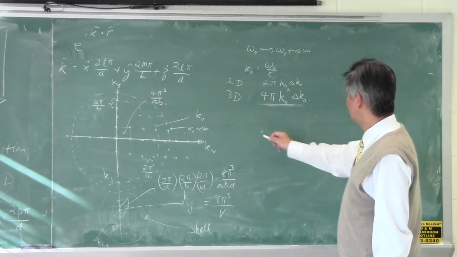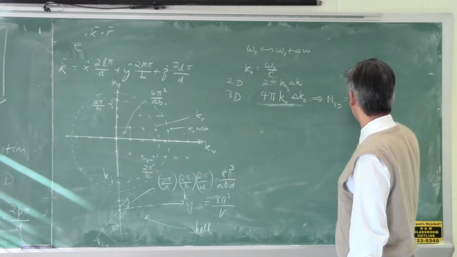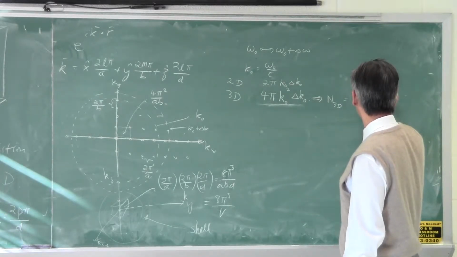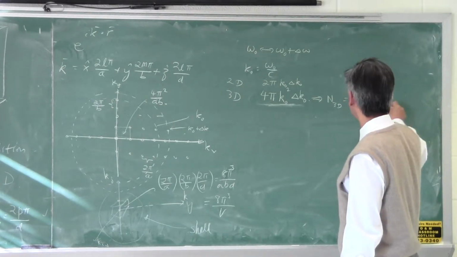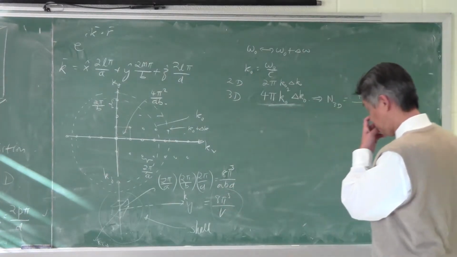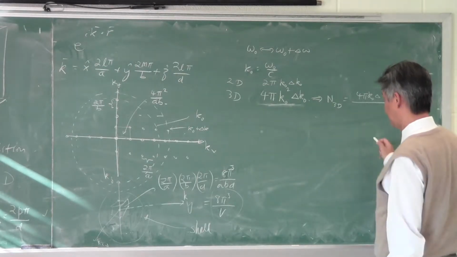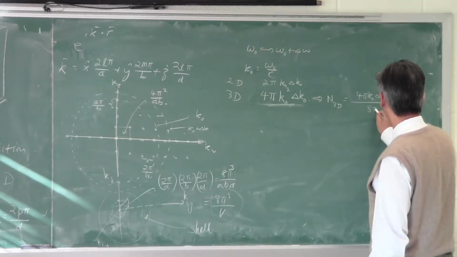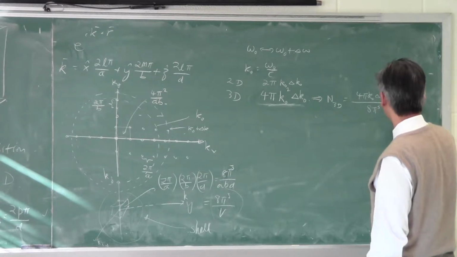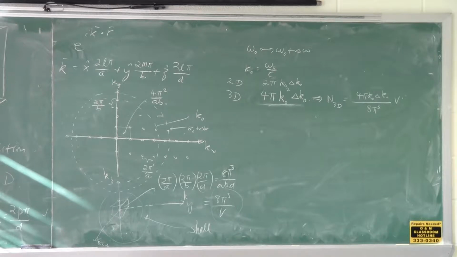And then how many modes would there be in 3D? In 3D it would be equal to 4 pi k naught squared delta k naught divided by the volume that each mode will occupy, which in this case is 8 pi cubed over V. So the number of modes in the shell is given by that in 3D.